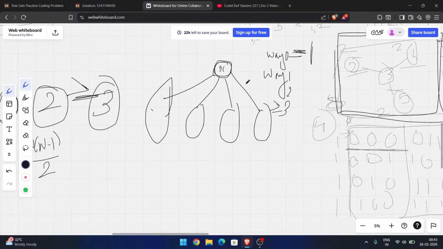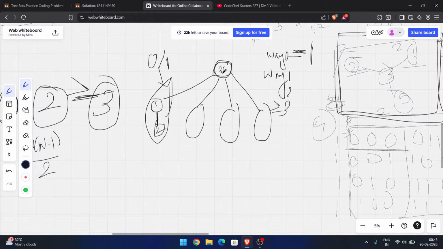Now from this, for every branch, we have only 2 options. Either we take it or we do not take it. Why only 2 options? Because if we take both vertices from the same branch, then the path between them would not include this x. And what we are counting is something which includes this x.